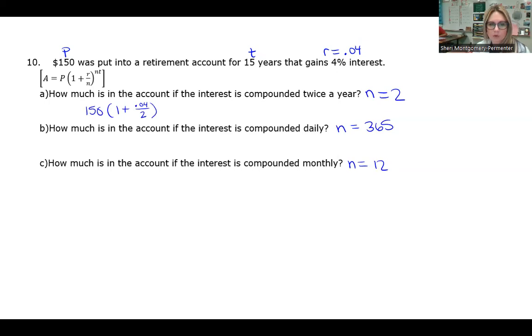All raised to the power of 2 times, I'm not going to use the point, I'm going to use parentheses, 2 times the time, which is 15 years. And that's going to give us how much money is in the account. So let's practice typing that in the calculator.